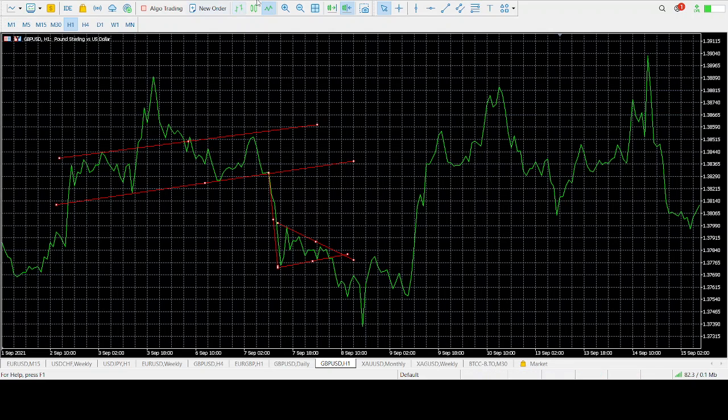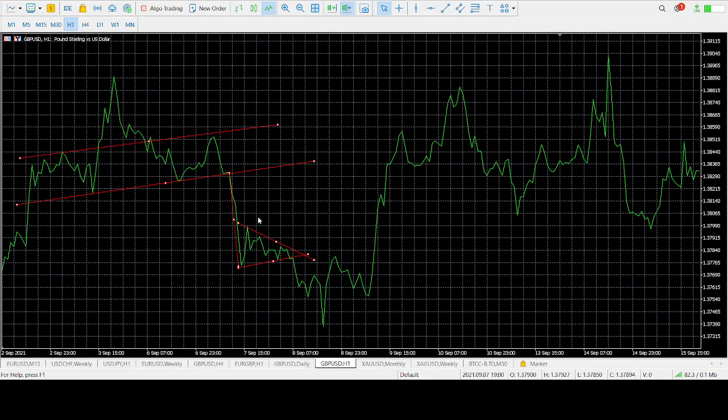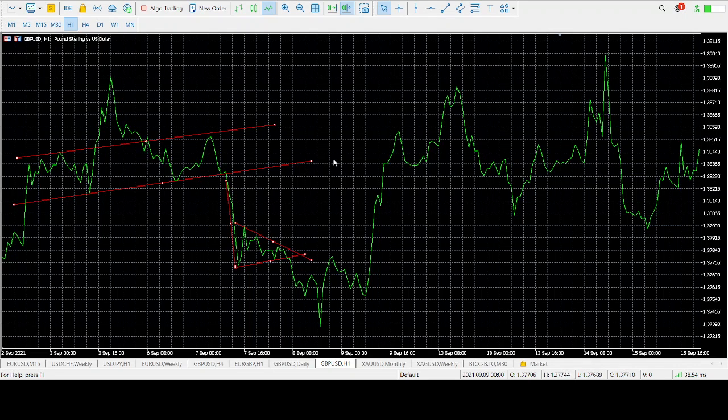There are two ways to trade this actually. One way is to look at the leg, because this altogether would be a pennant pattern. So you can trade the pennant like this. The pennant has a pole and has a flag.